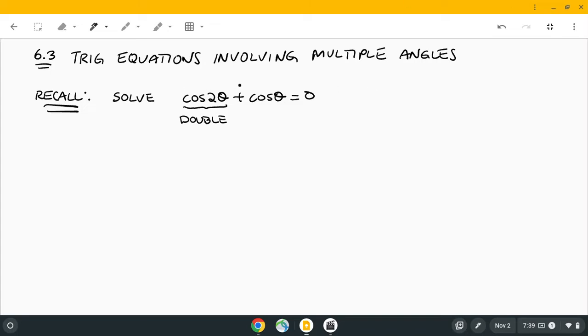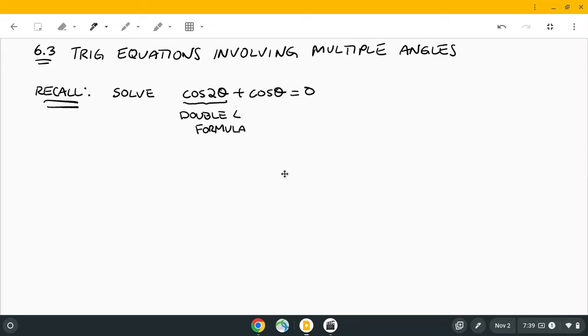So this is what they mean by multiple angles: your theta is being multiplied by some constant, right? So here we learned how to deal with this by rewriting it using the double angle formula. And that was fine and dandy.